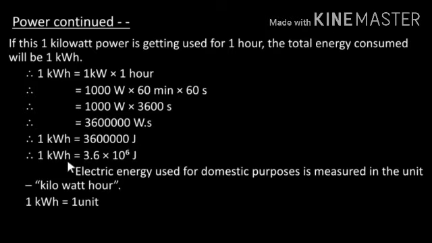Therefore, 1 kilowatt hour is equal to 3.6 into 10 raised to 6 joule. Electric energy used for domestic purposes is measured in the unit kilowatt hour, and we call it 1 unit of electricity. Thank you.